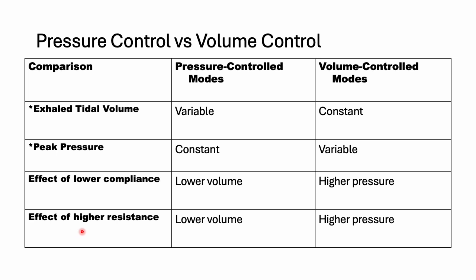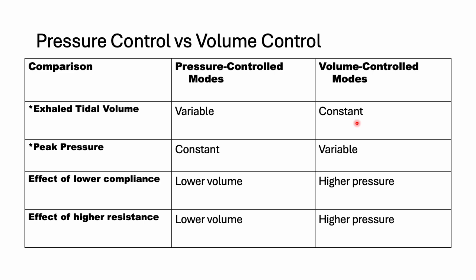For example, if there's bronchoconstriction. Okay, so the two asterisk points, these are the two main things that determine whether just by looking at the settings, you know that the patient is on a volume control mode or pressure control mode, and you don't have to look at the name of the setting. Yeah. So for volume control mode, therefore the tidal volume is constant. Okay.